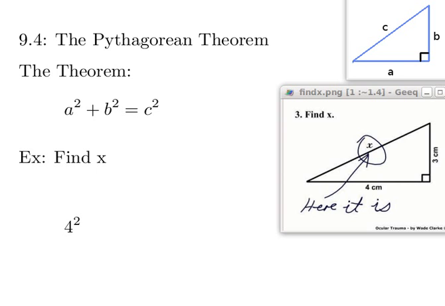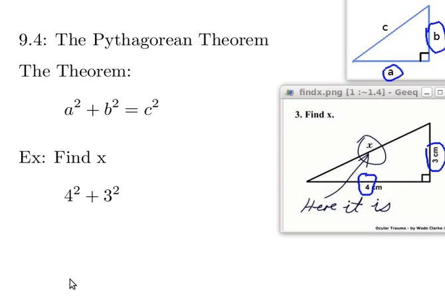Okay, here we go. So 4 squared plus, because 4 is A. And let's also deal with B. B is 3, so we have 4 squared plus 3 squared.